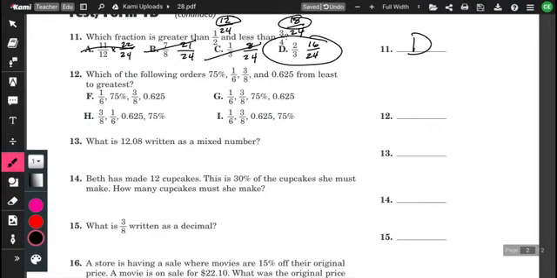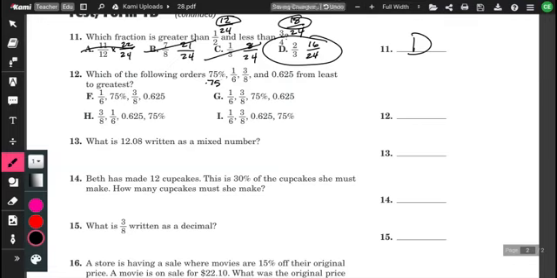Now we're on to number 12. It wants us to order 75%, 1/6, 3/8, and 0.625 from least to greatest. I'm going to make these into decimals. 75% would be 0.75.